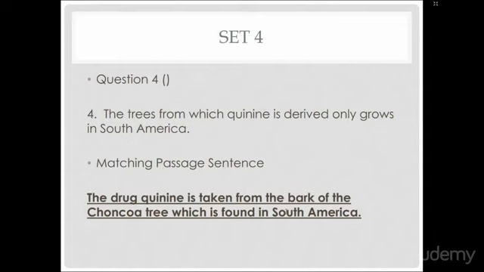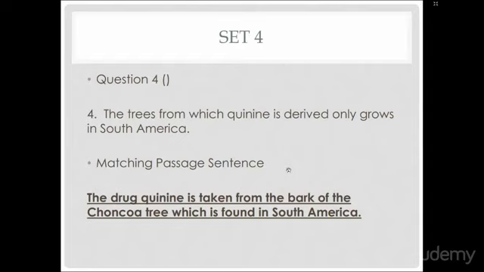It says it's found in South America. So the word only is an example of extreme language. When you have extreme language missing from the passage, if it's not there, or if there's no synonym of the extreme language, your answer is not given.